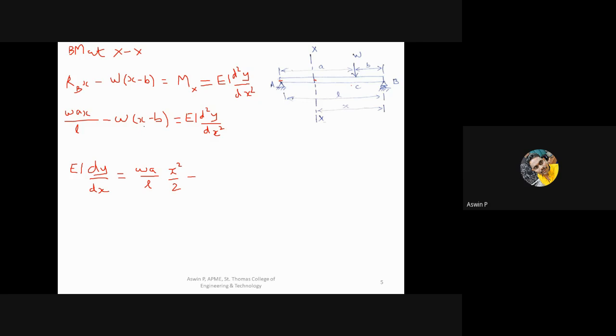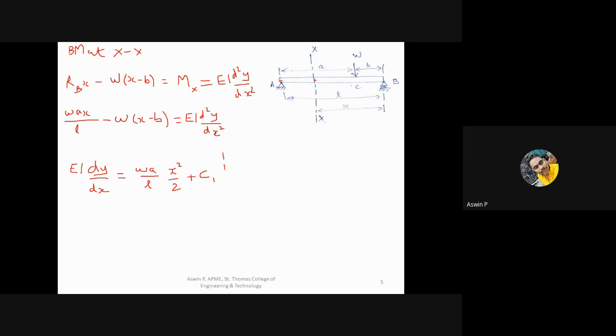You cannot integrate as mathematics says. This is a special case, and you need to follow this specific manner for finding the relation. Here there will be a constant also. I forgot to tell you that there will be a constant C1.